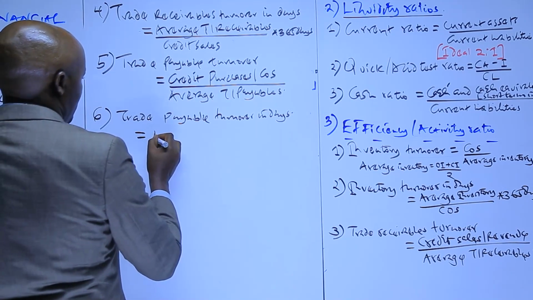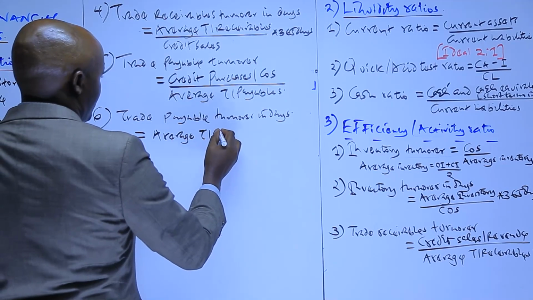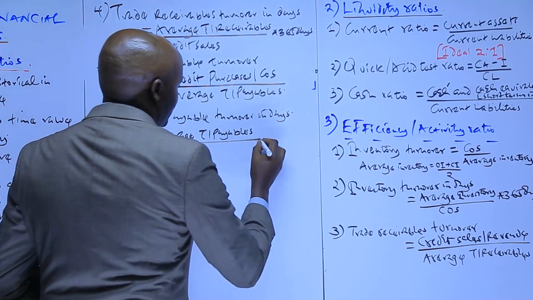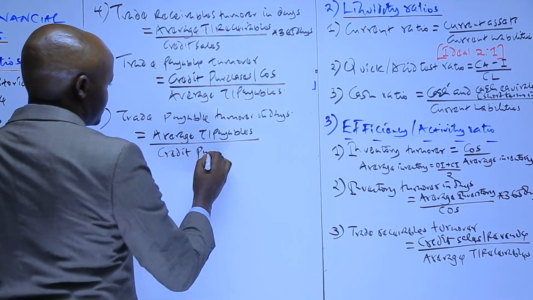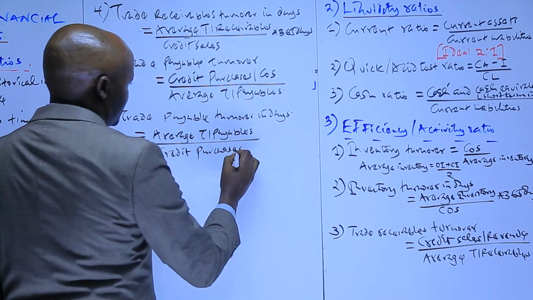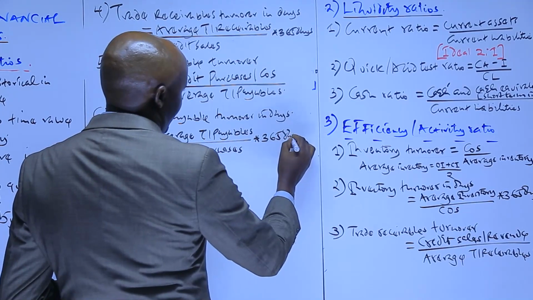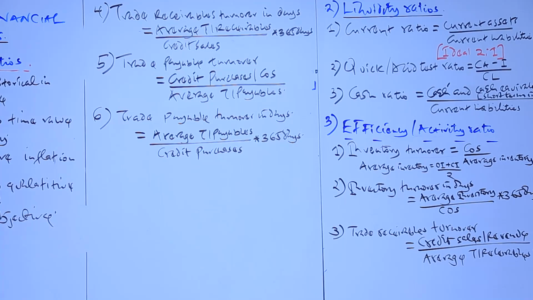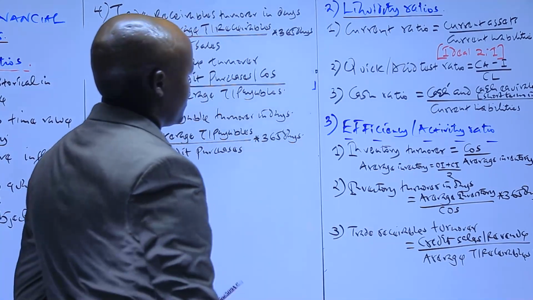To compute it, we take the average trade payables, divide that by the credit purchases, times 365 days.